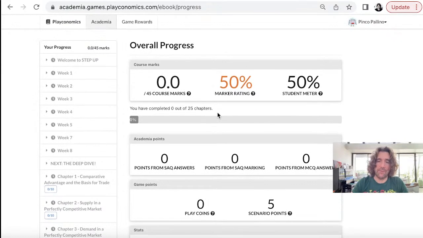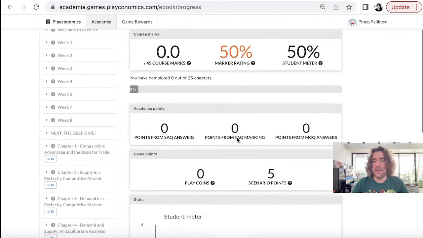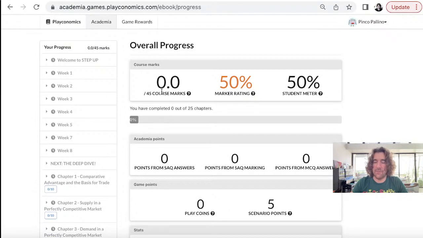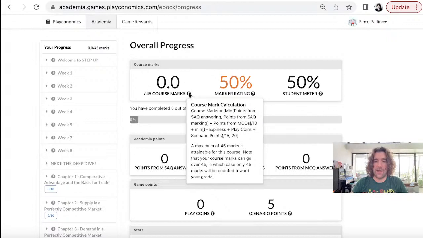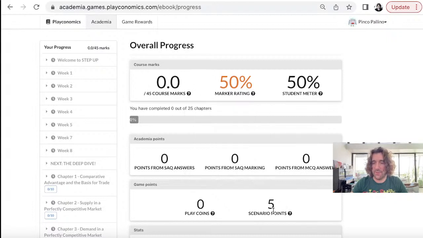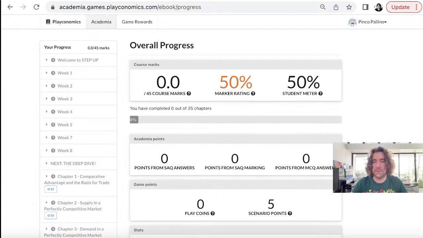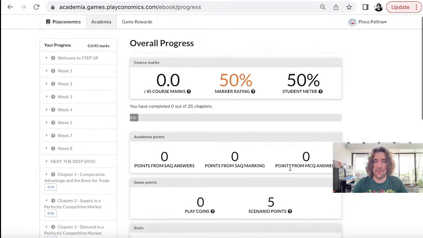So we are updating this over time, but you can see how whatever I earn in game is added here, and it will end up being added to my course mark here. And you can track how we calculate the course mark from scenario points to course mark by clicking on this question mark here.